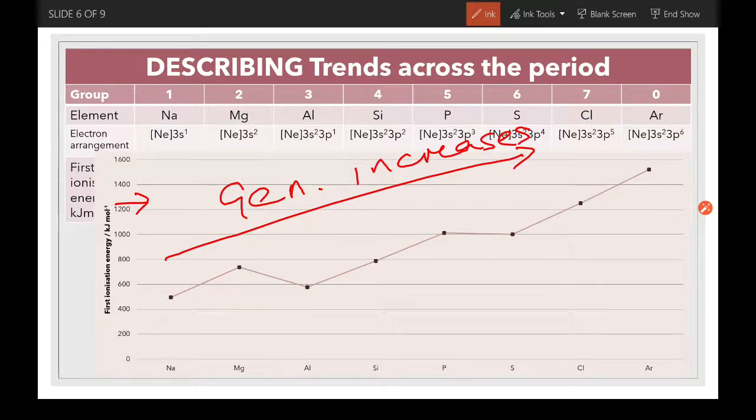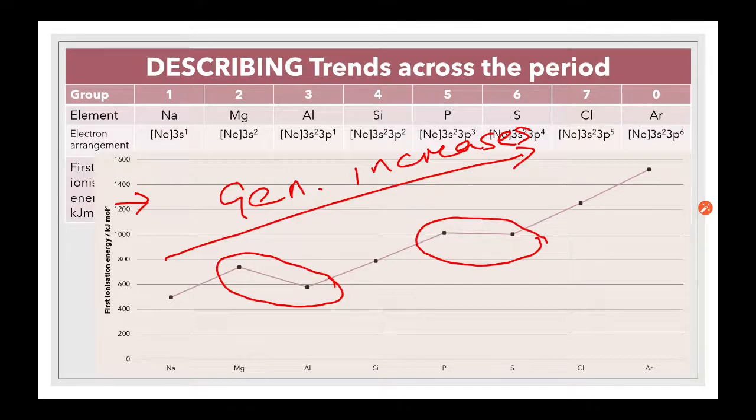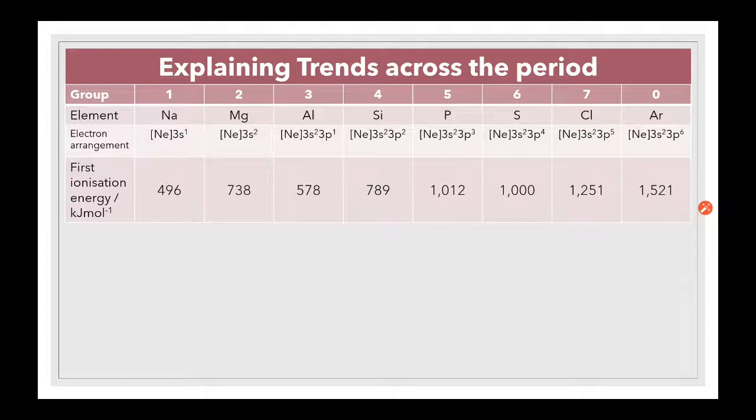Okay, so that's one thing, and we'll explain these in a minute. And the second thing is we can see there's a couple of points where it doesn't quite fit the trend. So it's this change between magnesium and aluminium, and this point over here between phosphorus and sulfur, where sulfur is a little bit lower than perhaps we would expect. So the general trend is going to increase. However, there are two deviations from that, which you've got to be able to explain, which is what we'll do on the next slide.